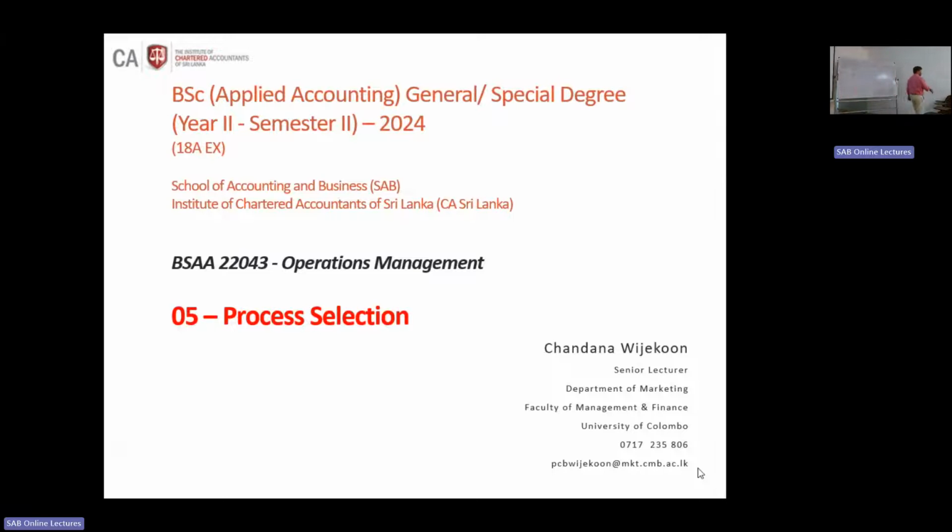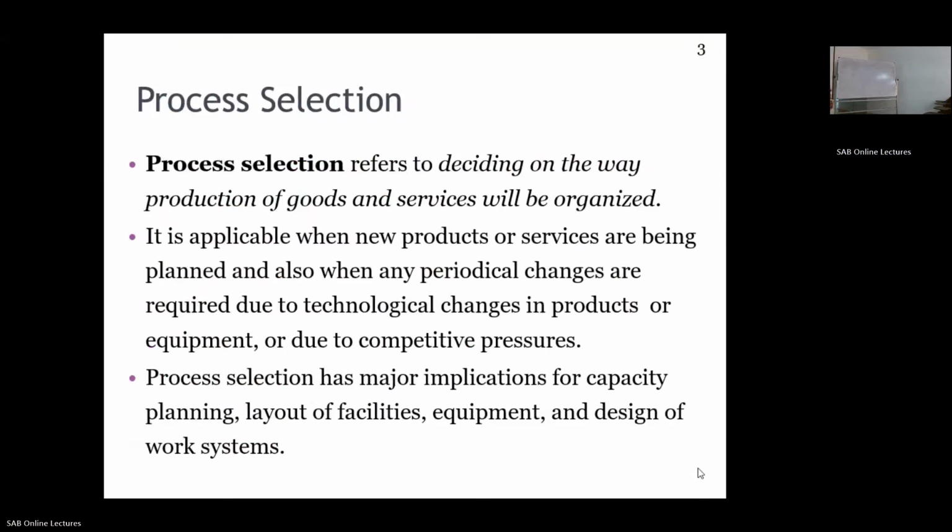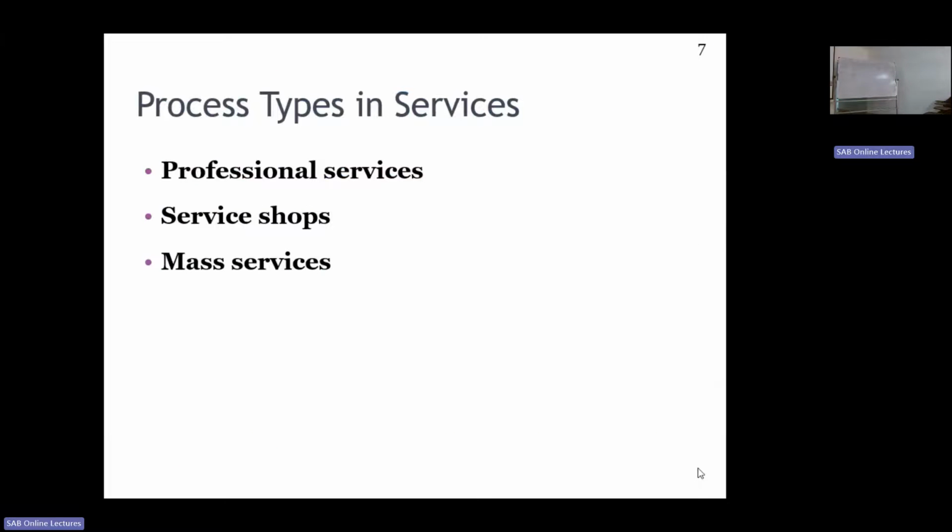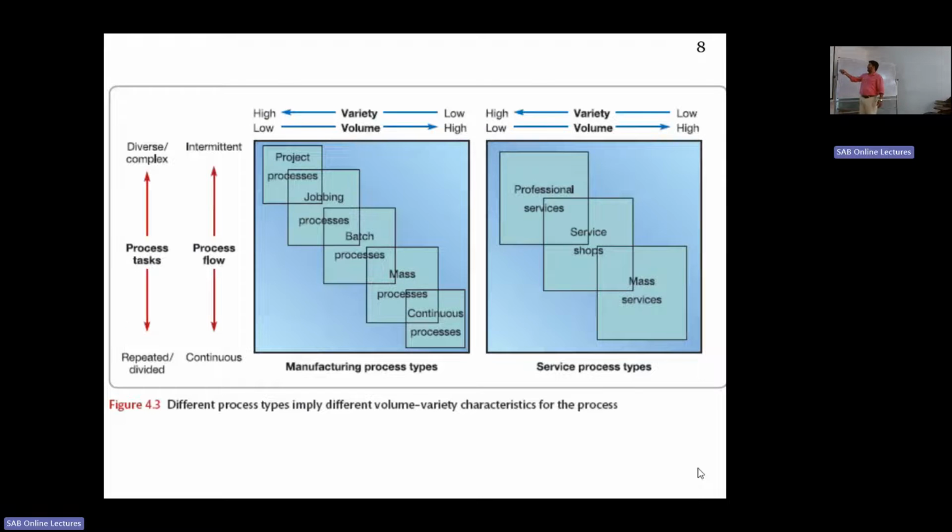Right. Quickly draw your attention to that part. Without taking much time, let's move to those service process types. We identified where to place them according to these 2 process related criteria, volume and variety. So let's discuss their characteristics with some examples and quickly finish this.